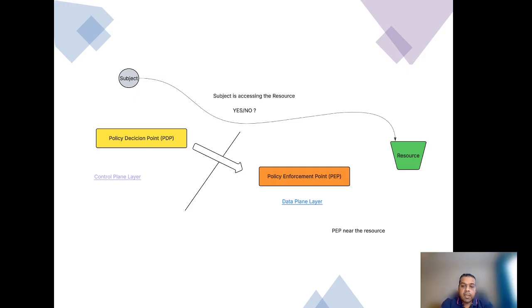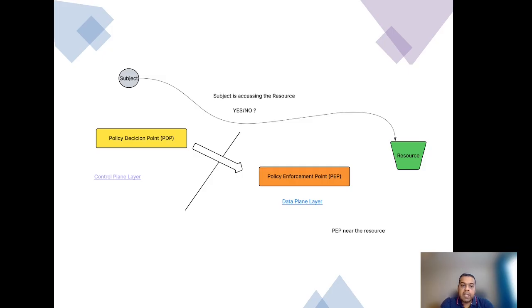About the data plane layer, the policy enforcement point handles all the doing part and not the thinking part. The actual enforcement of access in real time happens in the data plane layer, which means it happens at the PEP. It intercepts the traffic, it intercepts all the sessions, and it applies the PDP's decision.